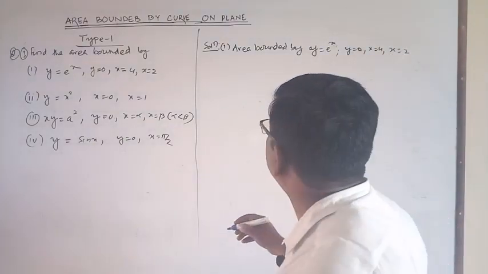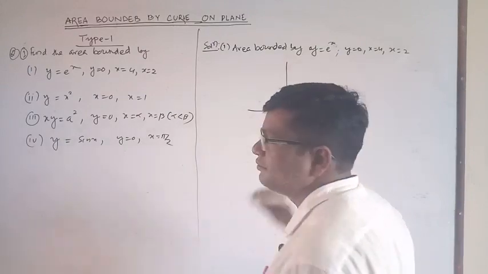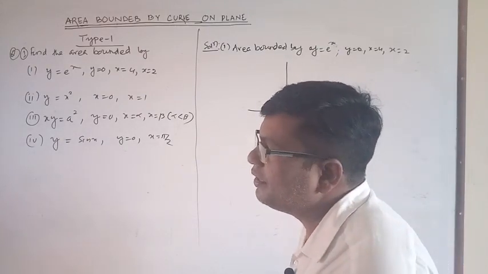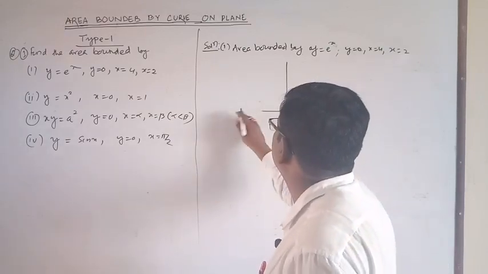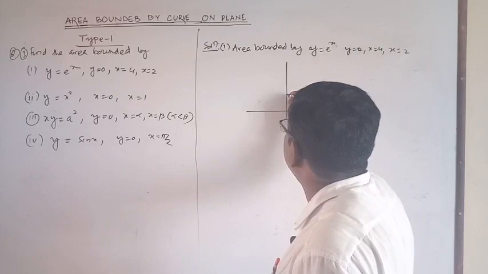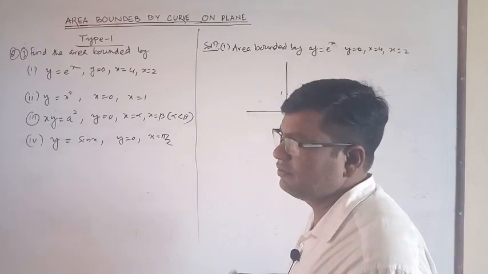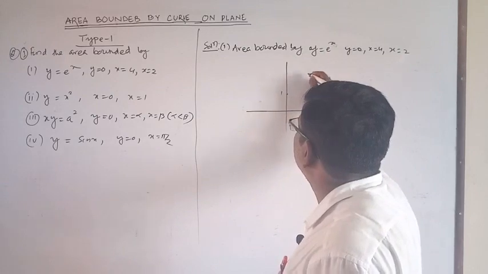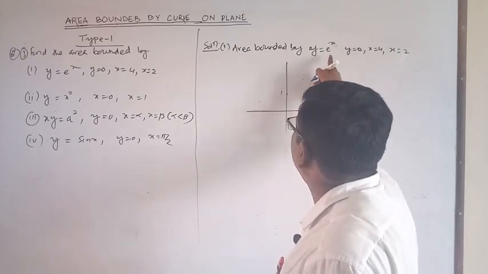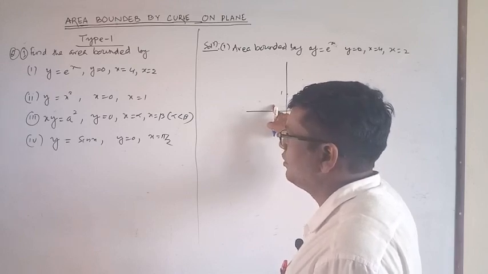What is the graph of y is equal to e to the x? Suppose put x is equal to 0, this is 1, put x is equal to 1, this is e, that is 2.71. Put x is equal to minus 1, that is 1 by e, 0 point something.